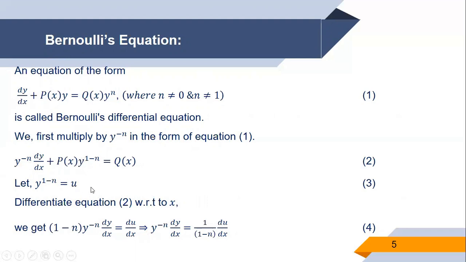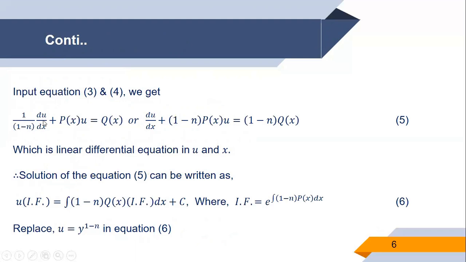So 1 upon 1 minus n du by dx plus p of x into u is equal to q of x. Now multiply by 1 minus n, then du by dx plus 1 minus n p of x into u is equal to 1 minus n into q of x. And this is equation 5.